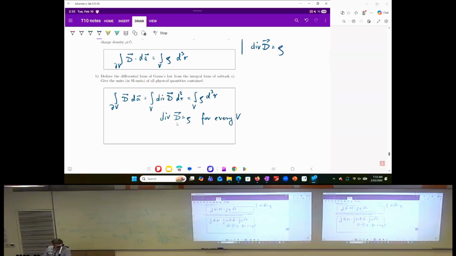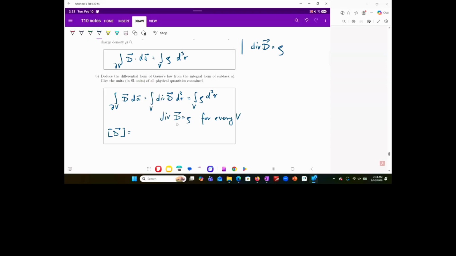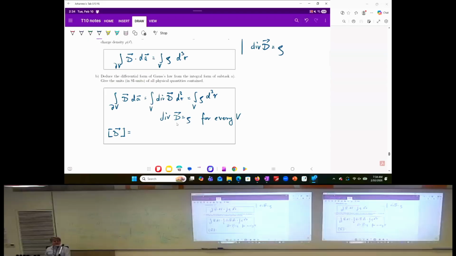What is also important is to know the units of these quantities. In terms of units, do you know the unit of the flux density? That is Coulomb per meter squared, or ampere second per meter squared. I think it is important that you have these quantities in your mind, because then you know whether what you're writing makes sense.